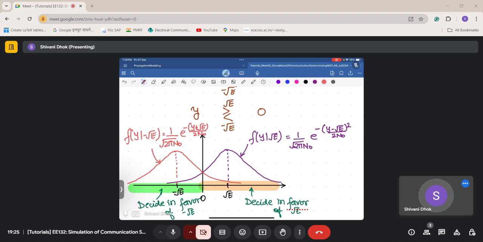So this we have. In this region, if you observe the likelihood function, the conditional PDF of y given root e being transmitted is higher than the PDF of y given minus root e being transmitted. So your maximum likelihood rule slowly translates to this particular rule.